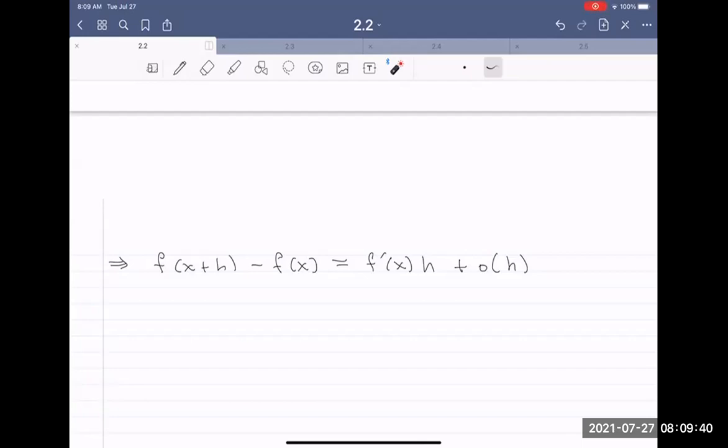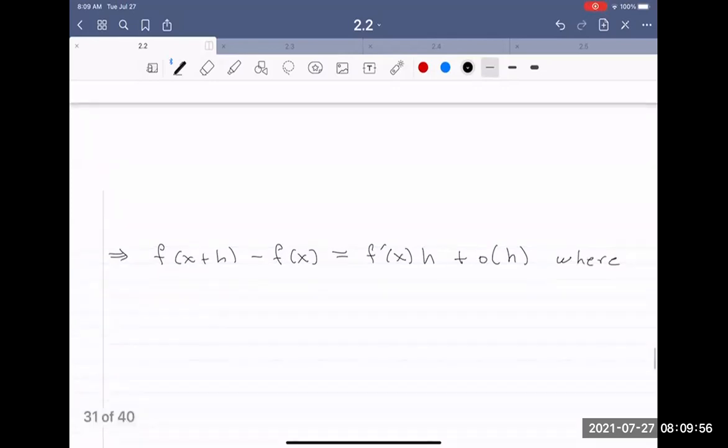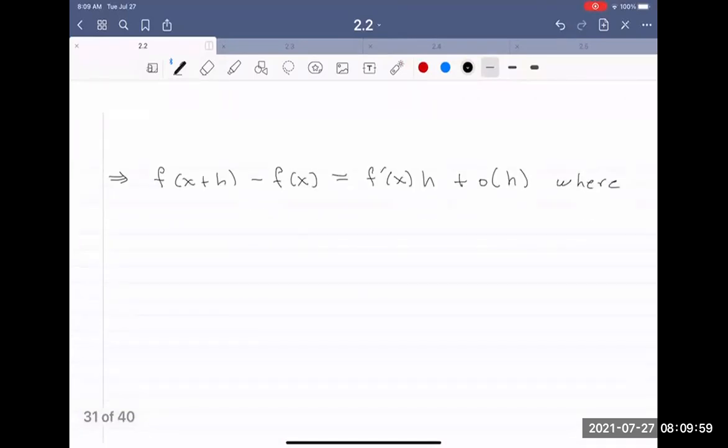And so I have here that, where f of x is equal to 4 plus 8x minus 5x squared. Okay, so let's do that for that particular situation.